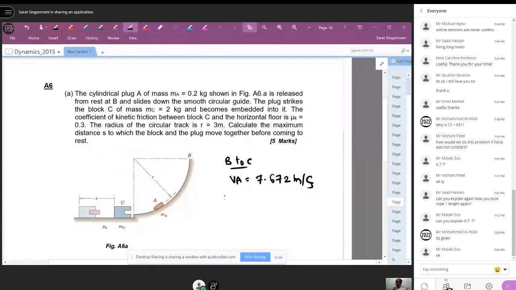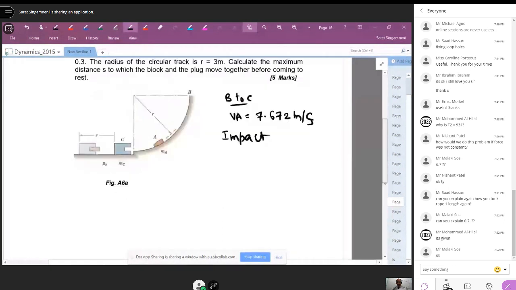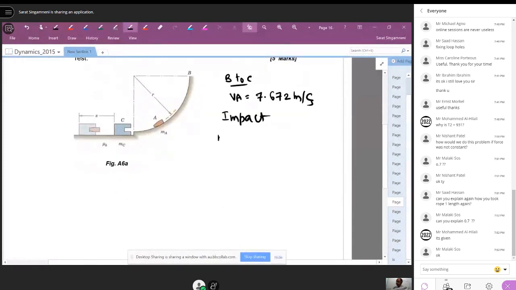And then the impact, where A is impacting against C. Here, mass of A times velocity of A plus mass of C times velocity of C equal to mass of A plus mass of C times the common velocity with which the two move, because they are getting stuck together. If you use the appropriate quantities, the velocity will be 0.6975 meter per second. That's the common velocity of both A and C together.